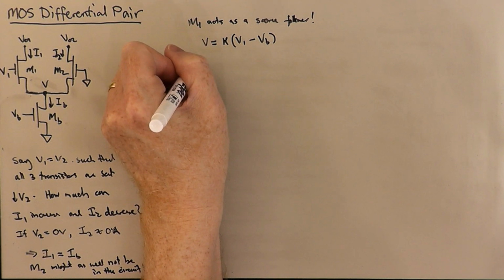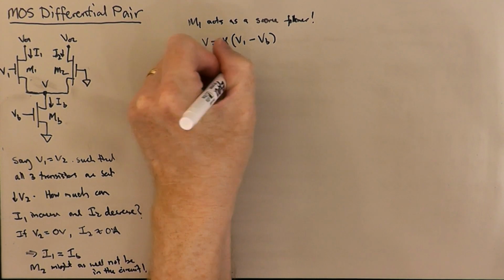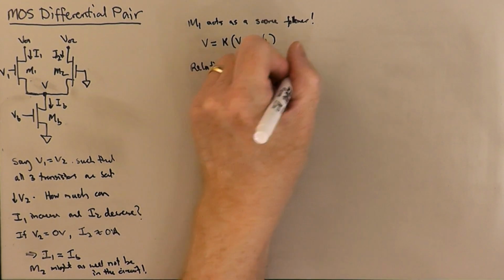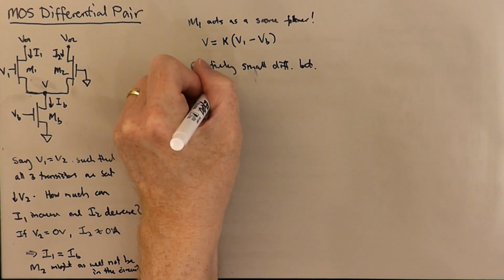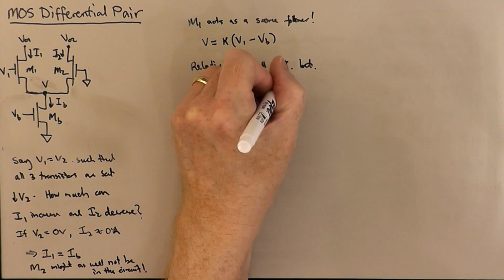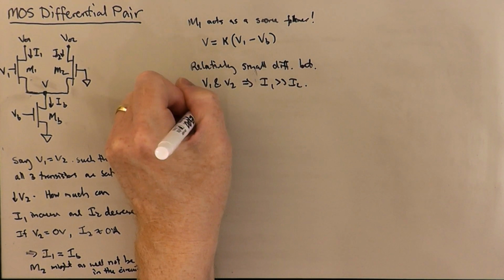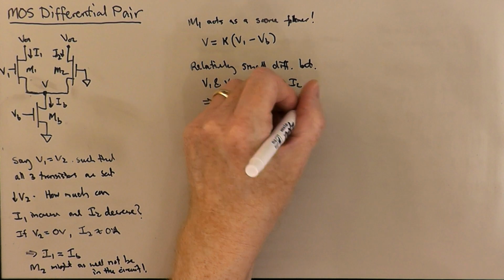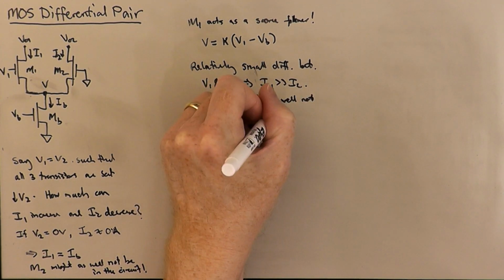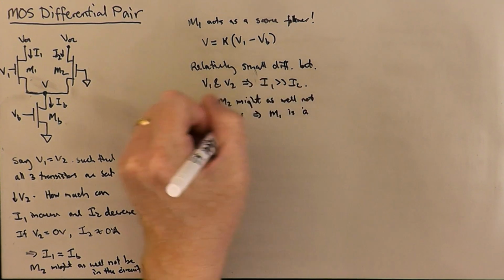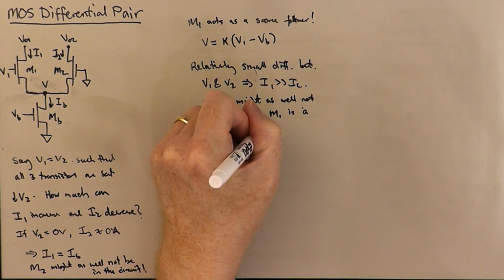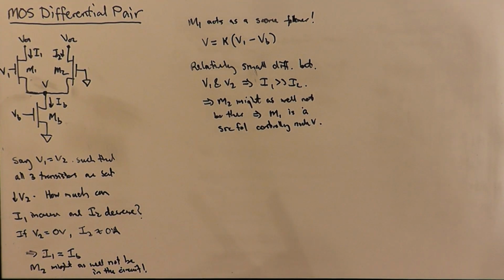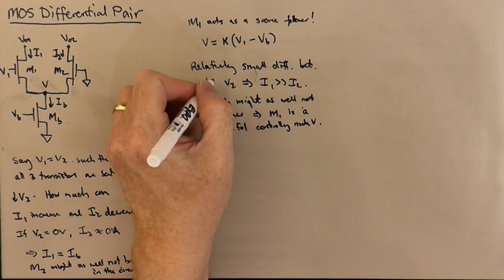So a relatively small difference, and this is, I should say, V1 greater than V2.